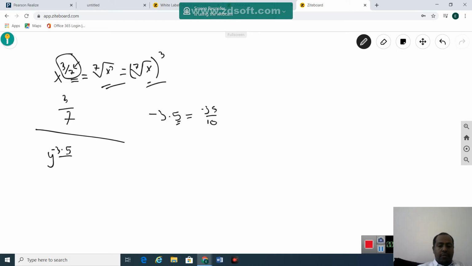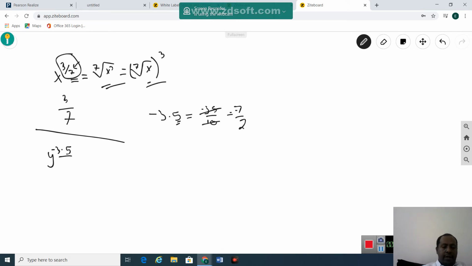Then we need to check whether this is written in simplified form or not. As you can see, it is not simplified form, so I have to simplify it. To simplify it, I need to divide the numerator and denominator by 5. So 35 divided by 5 will be 7. It will be negative 7 because it is a negative number, over 10 divided by 5, which will be 2.